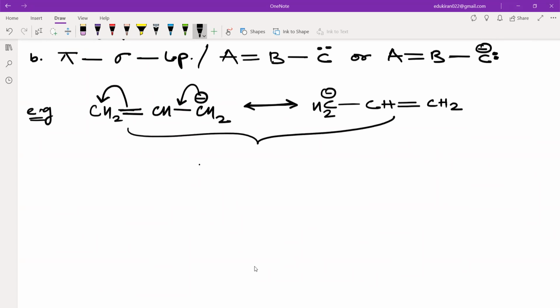You can write the resonance hybrid as CH2 single bond CH single bond CH2, with some partial double bond character, delta negative, delta negative. Write this down. Let me know if you're done.